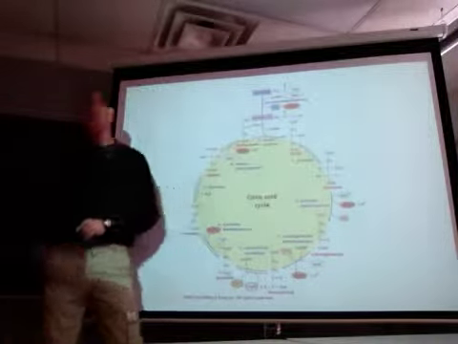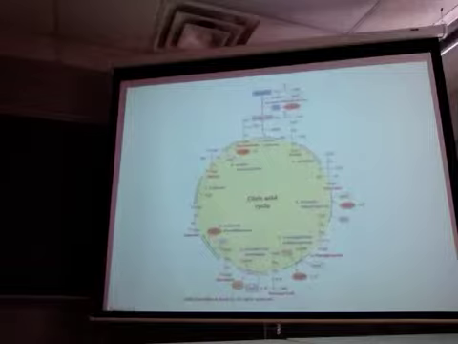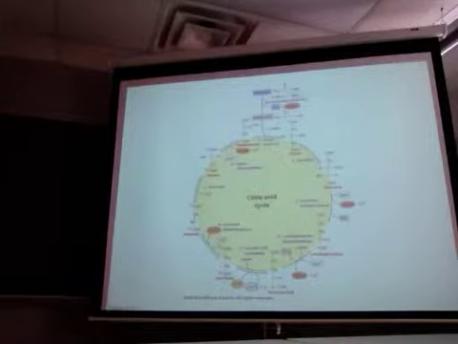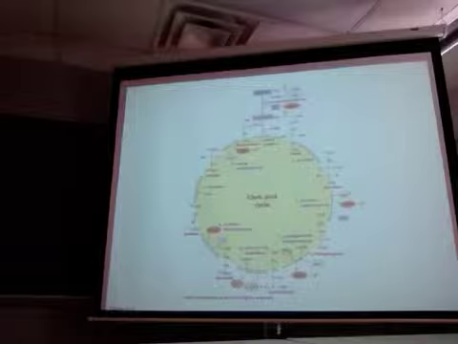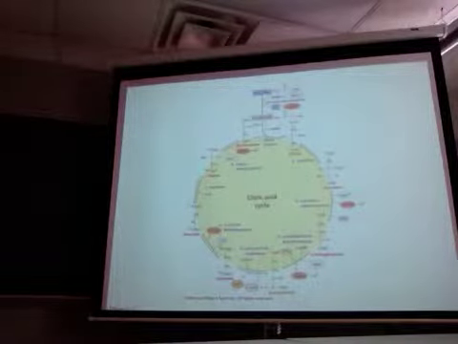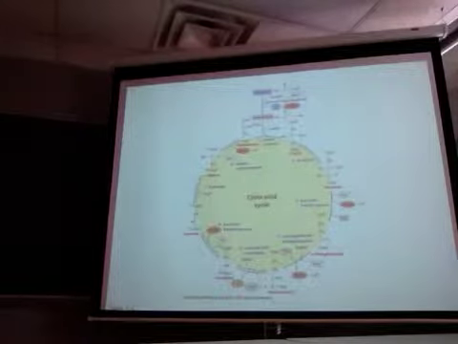Okay, so that's where we ended up on Friday, at citrate. So citrate gives it one of its names, the citric acid cycle. The discoverer, Hans Krebs, gives it one of its other names, the Krebs cycle.